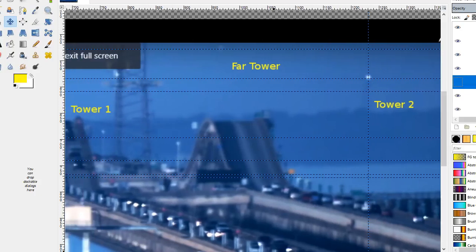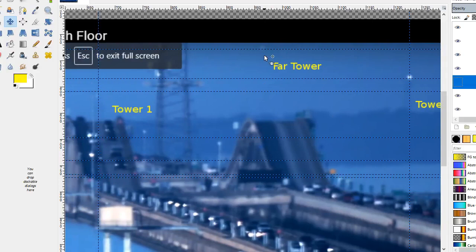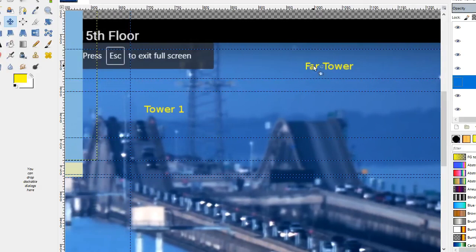And I triangulated everything, did all the pixel calculations, and basically these are the only 3 towers it can be.